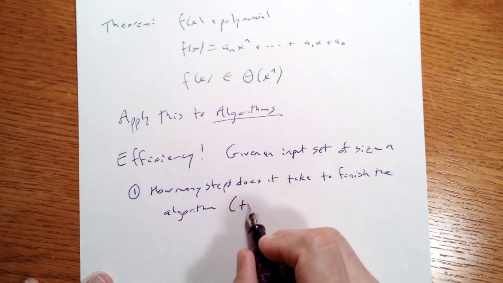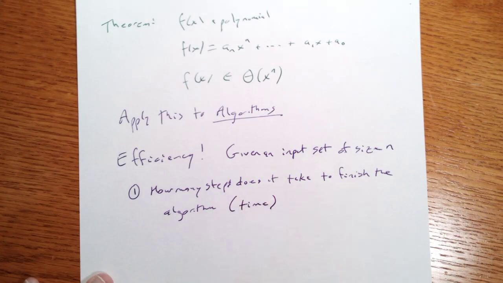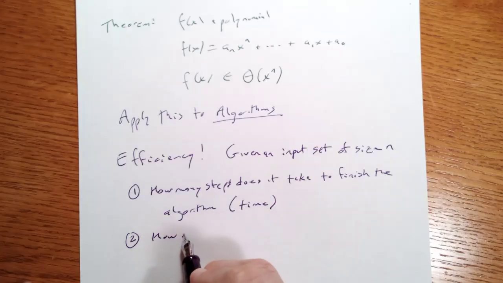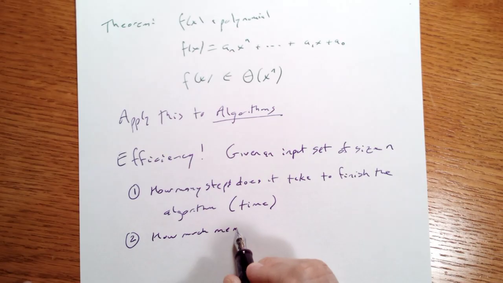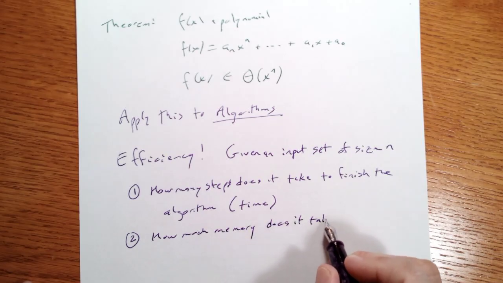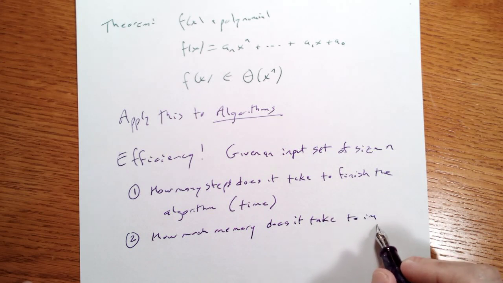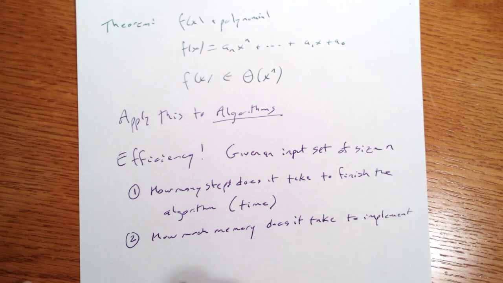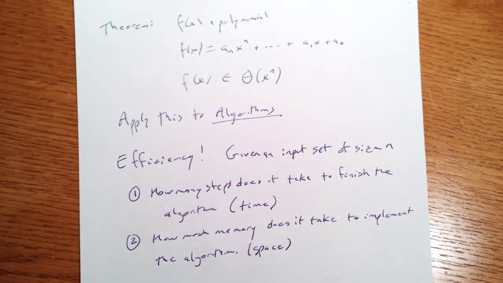But this is really time. And the other question we can ask is how much memory do we need to implement the algorithm? Since that's actual physical hardware, we think of that as the space it takes.